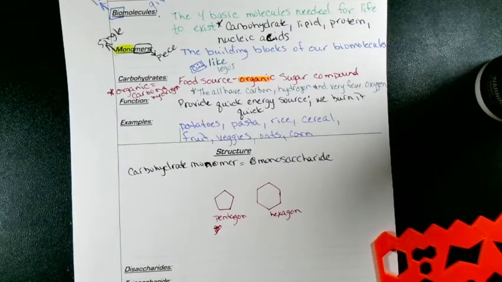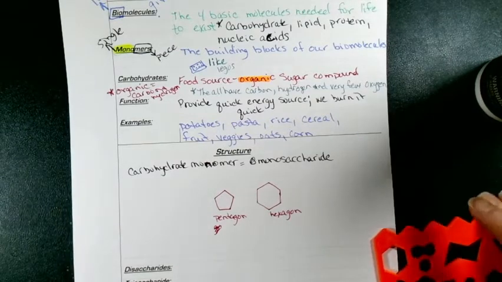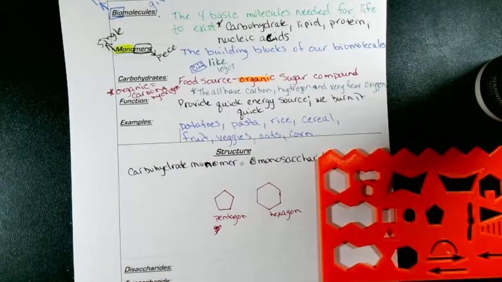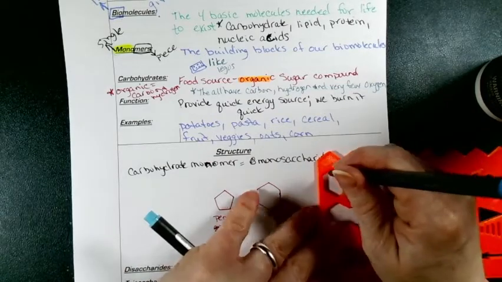And when you bond these together, you make a bigger and bigger chain. I'm going to show you a way. I'm going to draw a little bit of a bonding situation going on.